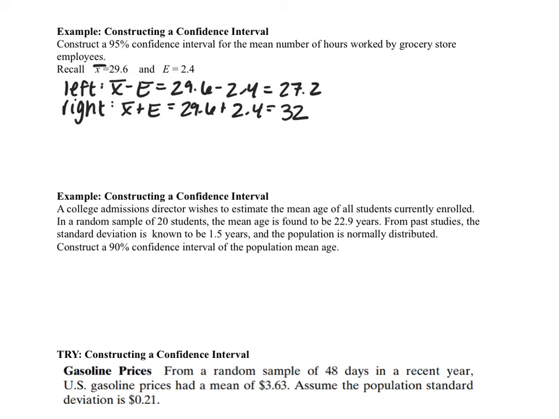Sorry, had to make it a little bit smaller. Okay, so now let's graph it on our number line. So I'm going to put my number line. Let's see. Our left endpoint is 27 and our right is 32. So I'm going to put numbers 26 to 33. 26, 27, 28, 29, 30, 31, 32, 33.